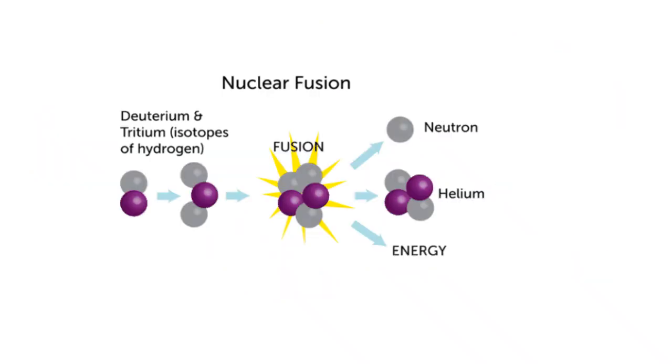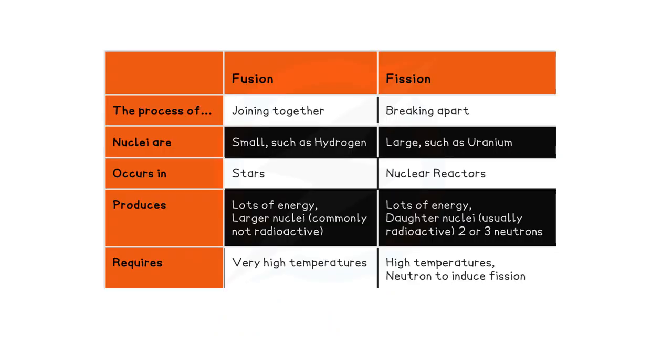Nuclear fusion. Nuclear fusion is when you have 2 nuclei combining to make a larger nucleus, and it also releases energy. Fusion is when you're joining together smaller nuclei into larger ones.